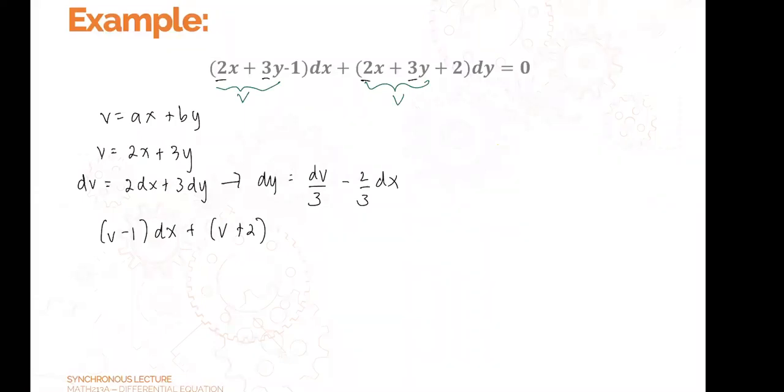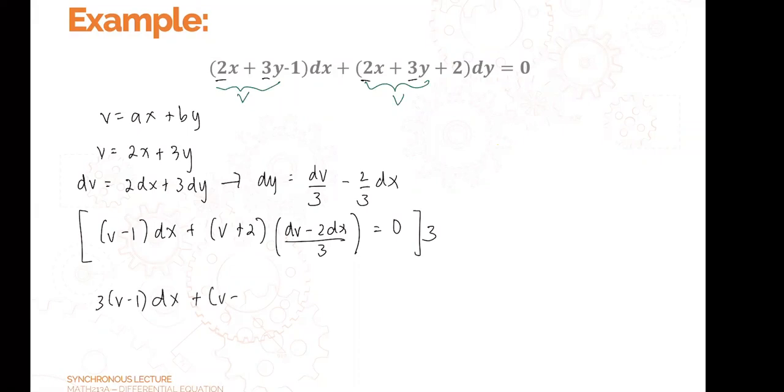Okay, so we have v minus 1 dx plus v plus 2 times dv minus 2 dx over 3 is equals to 0. Or multiply na lang natin both side by 3. So we have 3 times v minus 1 dx plus v plus 2 times dv minus 2 dx.